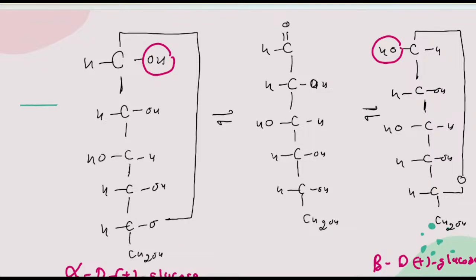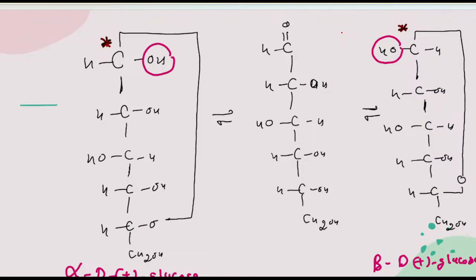Now observe that carbon number one, C1. Let me just put a star. That is carbon number one. Both have a different arrangement. I'm repeating again that only carbon number one has a different kind of arrangement in space.